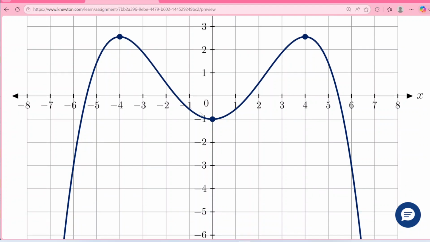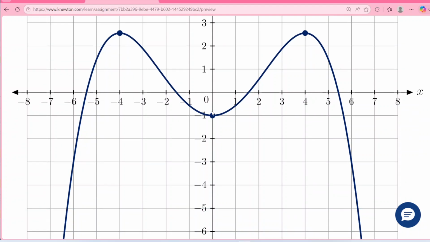So look at this graph here. Now they point out some nice points for us. So again, this is the graph of f prime. So wherever this is decreasing as you go from left to right, that's where the second derivative will be negative and the original thing will be concave down. So from negative infinity up to -4, f prime is increasing.